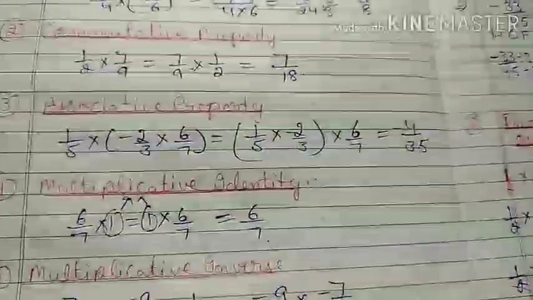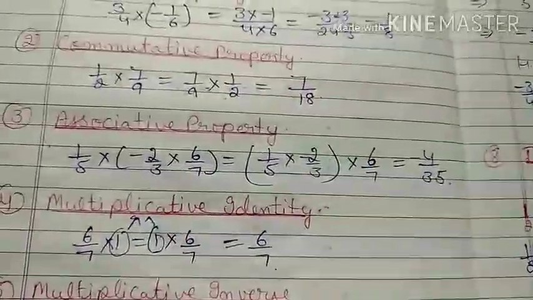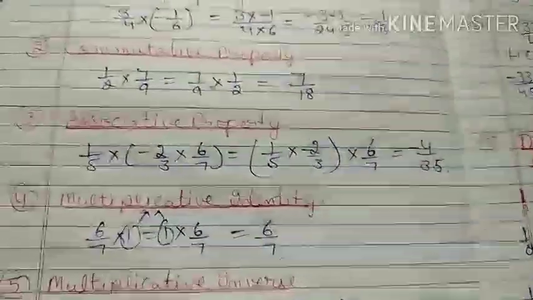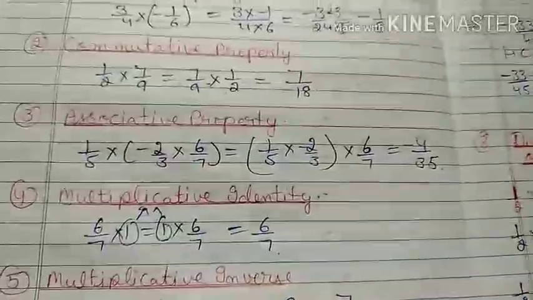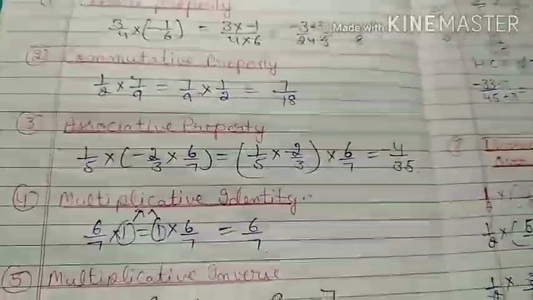Next is associative property. Associative property basically deals with multiplying 3 or more rational numbers in any order. If you have 3 or more than 3 rational numbers, you can multiply in any order. Your answer will be same.